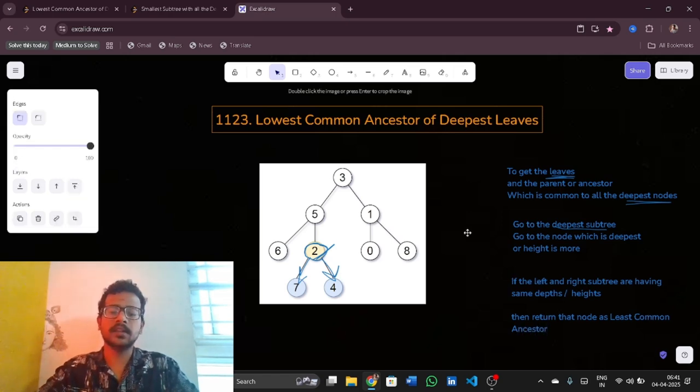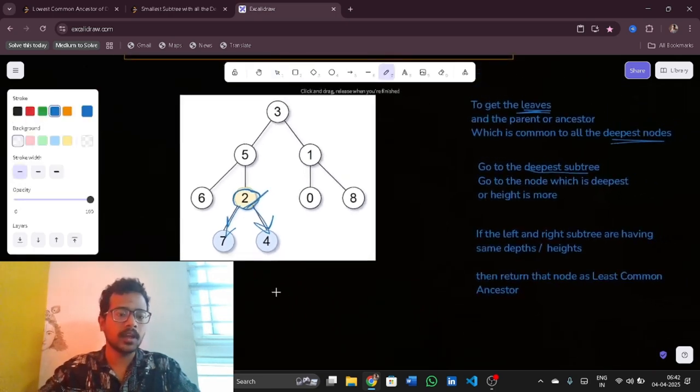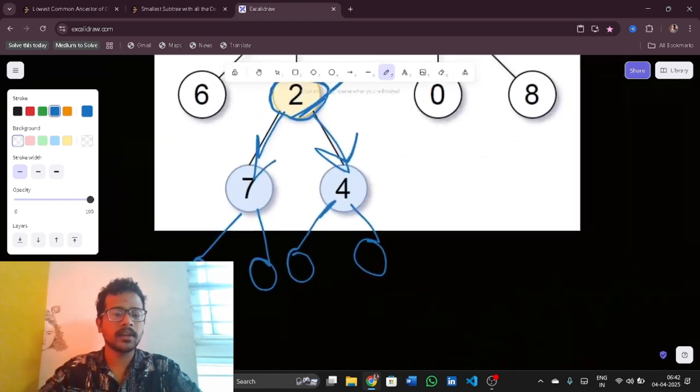Now, you might be asking something like, what if I have another two nodes here? Another two nodes here, right? Now, imagine you have these nodes; till here I got 8. So I'll write here 9, 10, 11, and then 12.